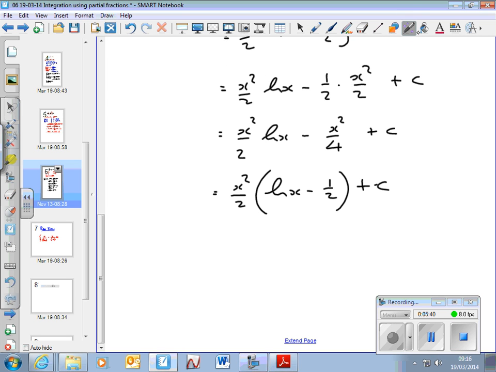I can times the 2 by the 2 to get the 4 underneath, but probably better would be to jump straight to this, because I can take a half x squared outside the bracket, leaving log x minus a half inside the bracket plus c. Okay, I'll stop that there.